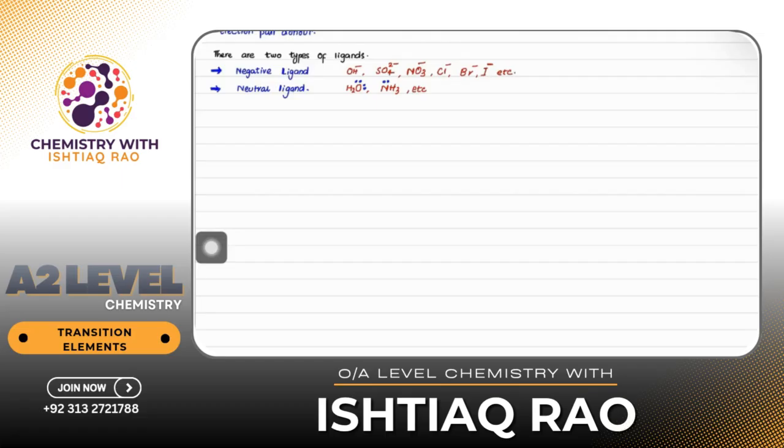Okay, bidentate ligands, and the one which are going to donate more than two electrons, so they are known as multidentate or a polydentate ligand. Right?